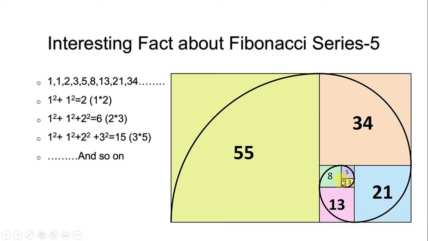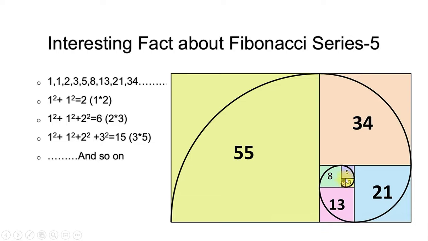Now if we add another square, which is 2 square, to this one, then one side of the diagram becomes a length of 3 and another side becomes 2. So this is 3 into 2, that is 6.